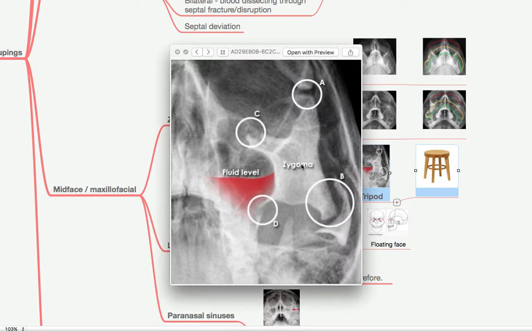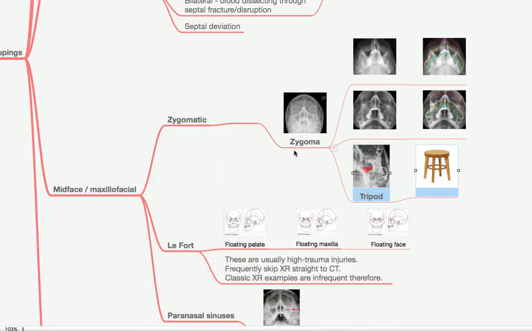So the zygoma here, if you imagine that we're looking at somebody's left zygoma, you can see that there are 4 areas circled off. This is actually showing 4 fractured parts of a single zygoma. So you've got a fracture through the frontal process, the orbital floor, the maxillary process, and the zygomatic arch. And unfortunately, they also have a fluid level, which we will cover in a bit, in one of their sinuses. So this results in a floating zygoma.